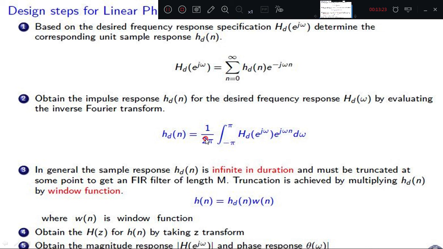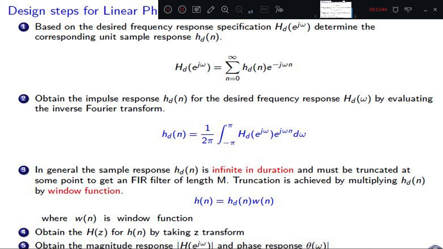And they will also ask you to use a particular window function. Either you may get the rectangular window to use, or Hanning window, or Hamming window, and they will also specify the length of the window, the capital N, right?